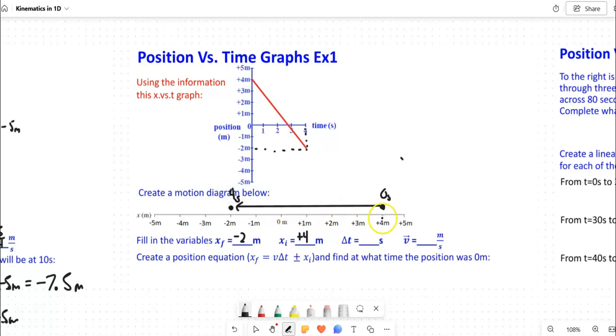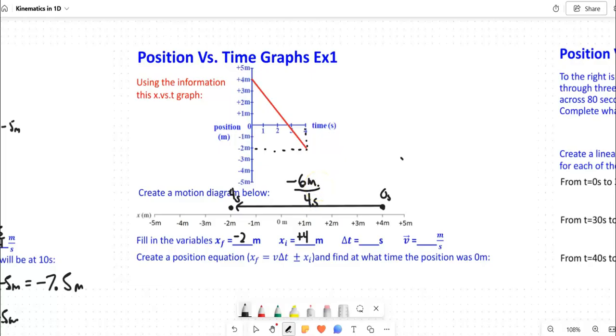So it looks like it had a total displacement. It started here and it went 1, 2, 3, 4, 5, 6. So this is negative 2 minus a positive 4, so negative 6 meter displacement over that period of 4 seconds.